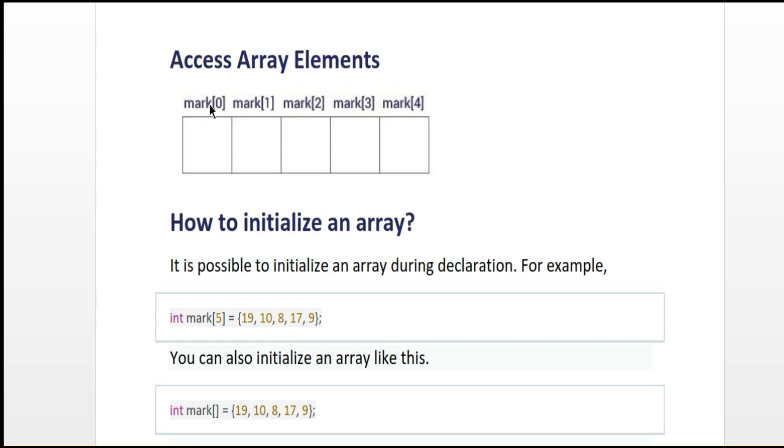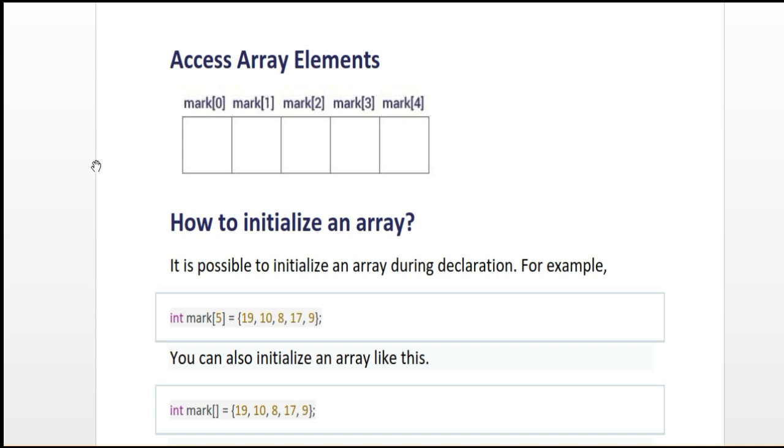How many elements are here? 4 variables: a, b, c, d. Like this, it is A, B, C, D, E. But here they are commonly called mark[0], mark[1], mark[2], mark[3], mark[4]. Each is taken as an individual element but stored under the common name. That is called the array.